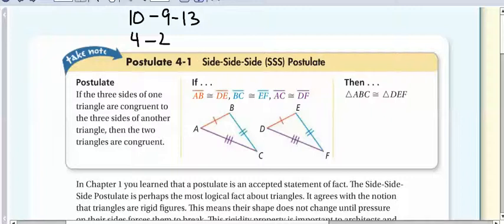Alright, side postulate. We talked about it a little bit yesterday, but this is the official version of it, so you're going to want to write this down.